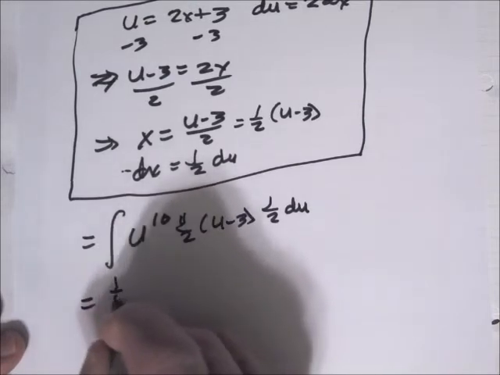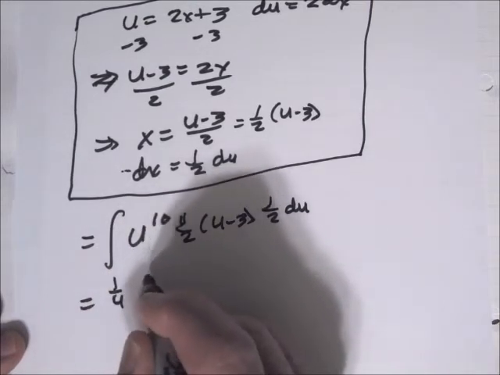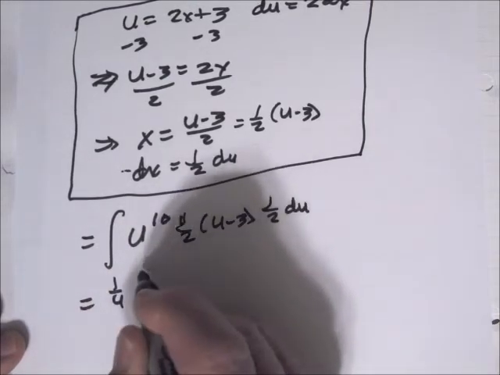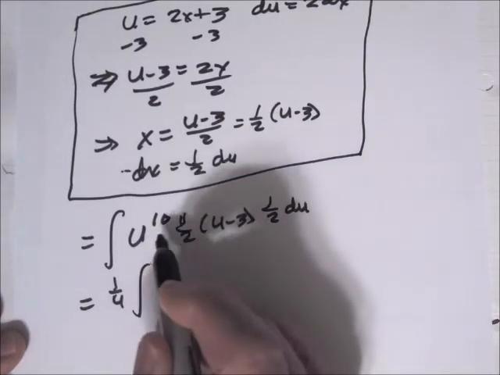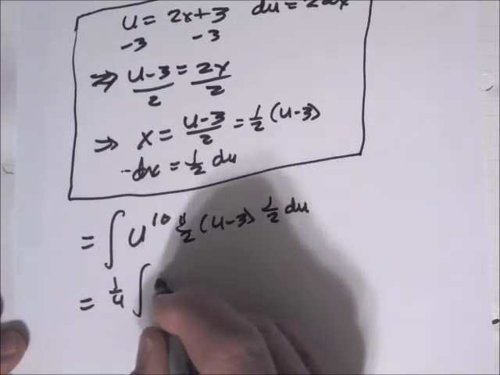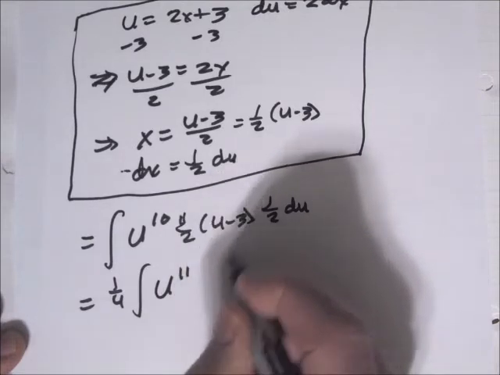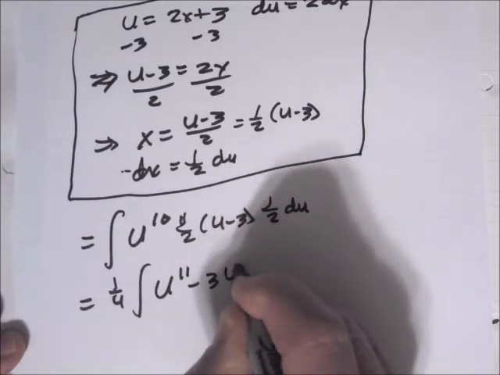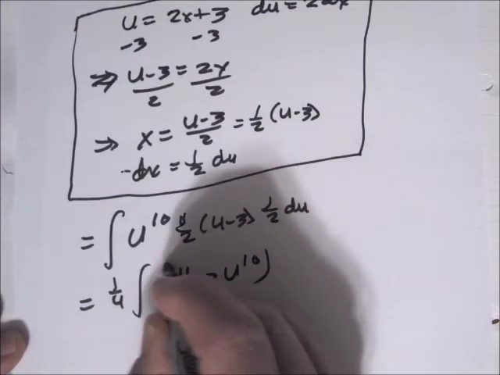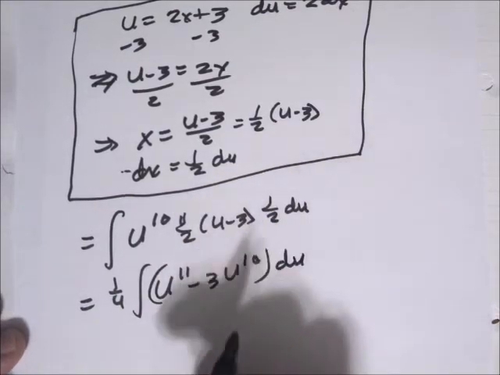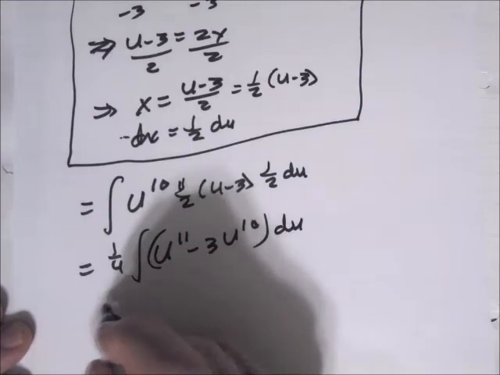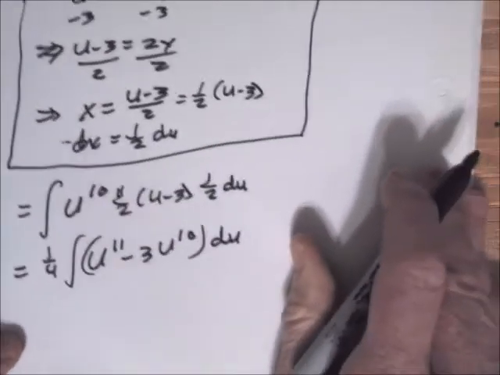So it's 1/4, and we can distribute the u to the 10th. U to the 10th times u is u to the 11th, and u to the 10th times -3 is minus 3 u to the 10th du, and then we'll use the power rule. Add 1 to the exponent, divide by the new exponent.